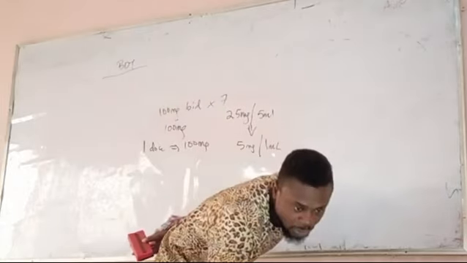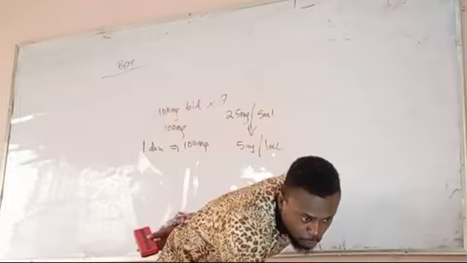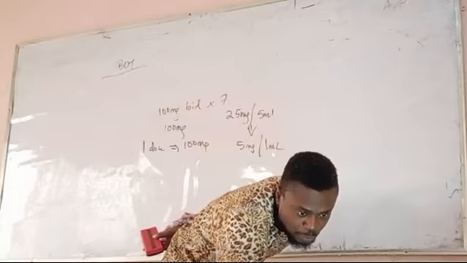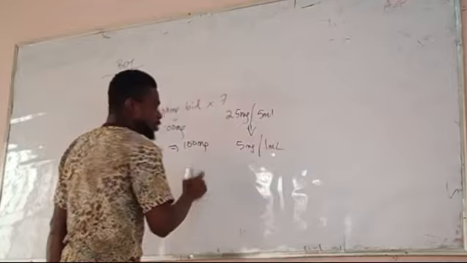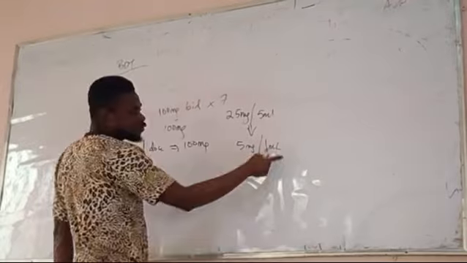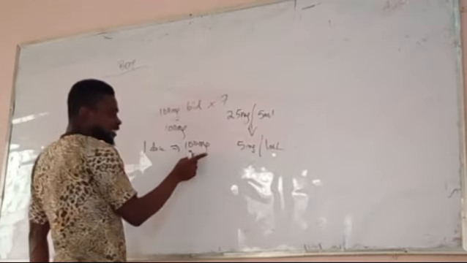Now we use this 100 mg to find how many teaspoons will be in 1 dose. If 1 dose is 100 mg and 5 mg is found in 1 ml, we use a set proportion.